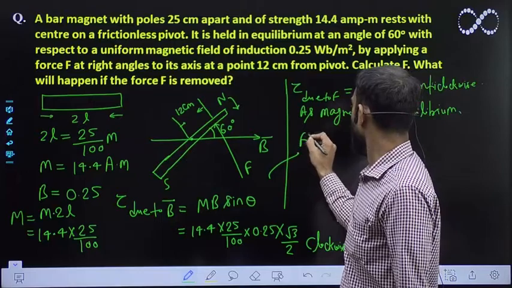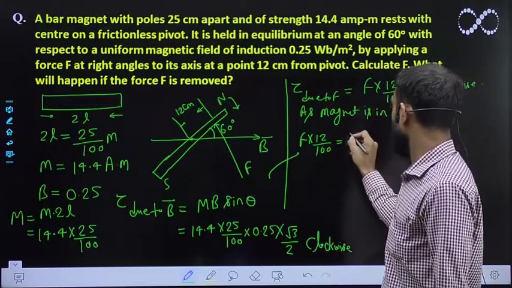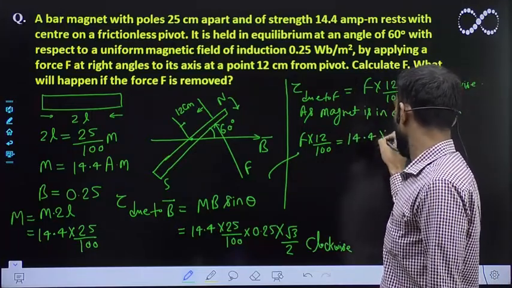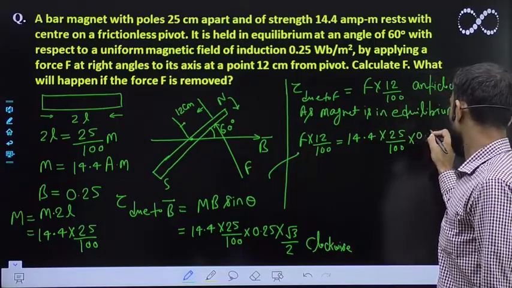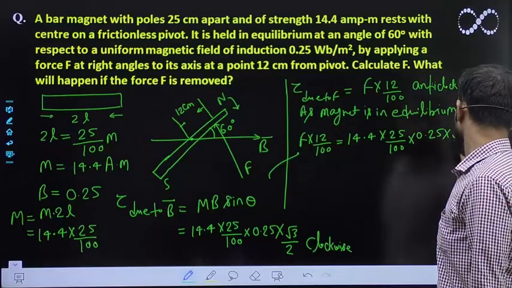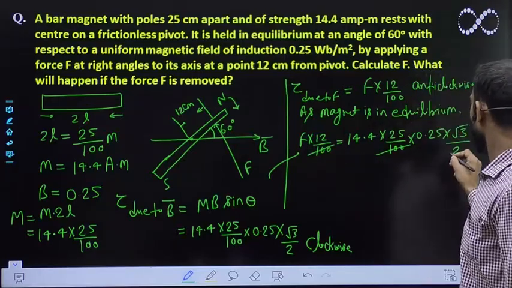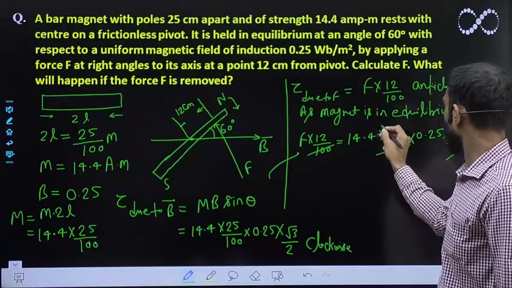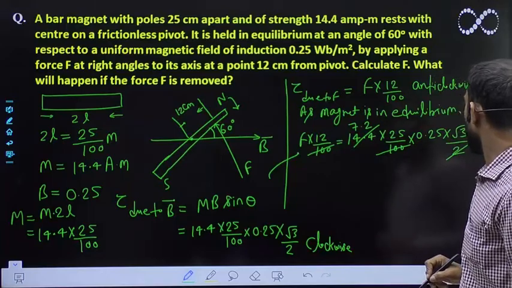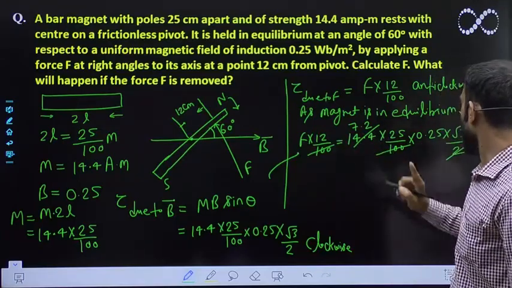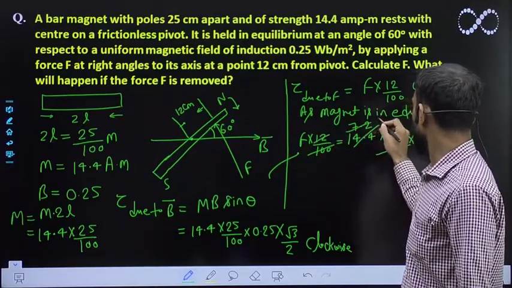So F into 12 upon 100 must be equal to 14.4 into 25 upon 100 into 0.25 into root 3 upon 2. This 100 will get cancelled out. You can see this 2 will cancel out, so that becomes 7.2. This 12 will cancel with this, so this becomes 0.6.